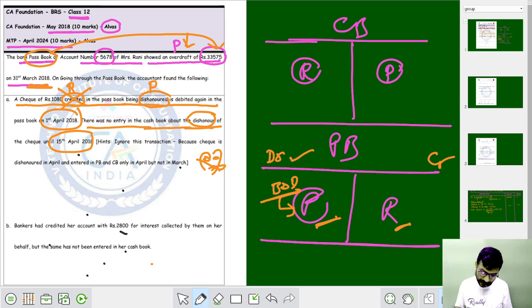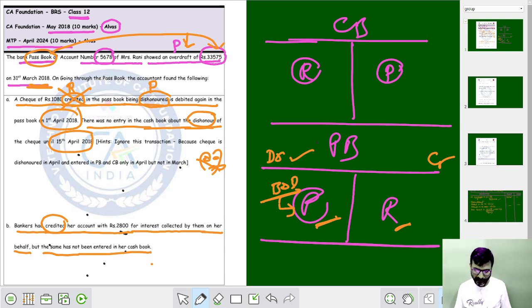What is there in the problem? Bankers had credited her account with 2,800 for interest collected by them on her behalf, but the same had not been entered in the cash book. Means what?